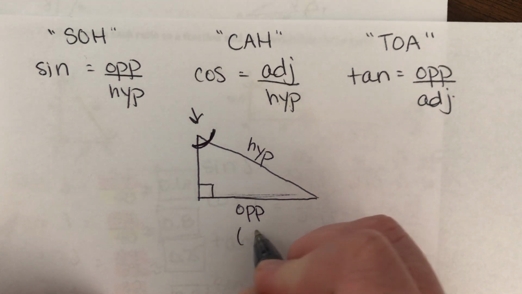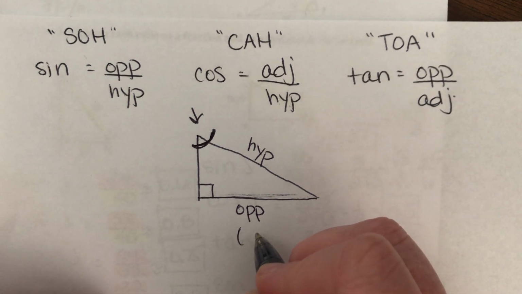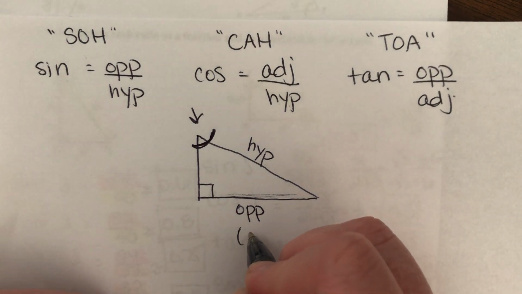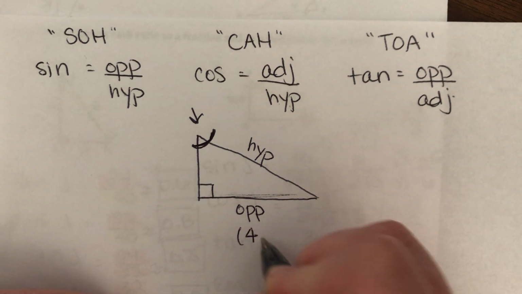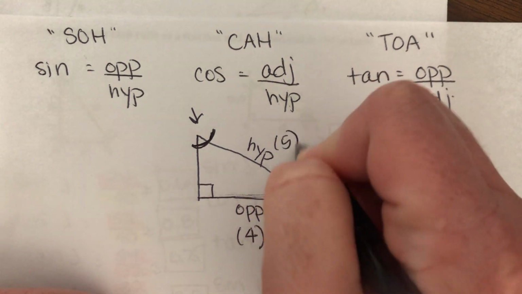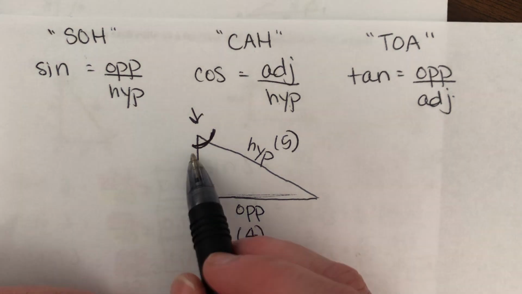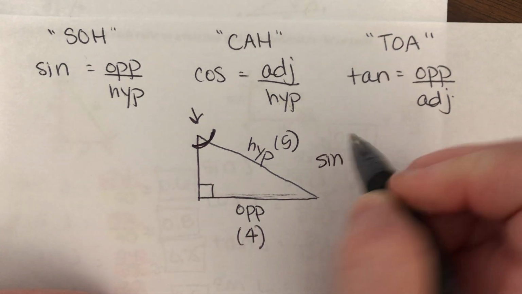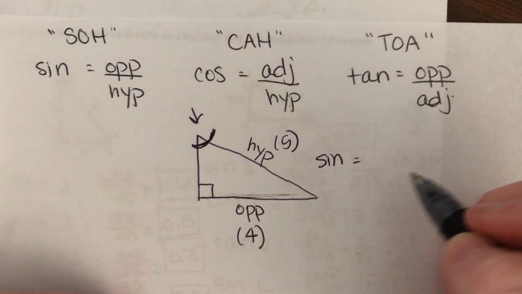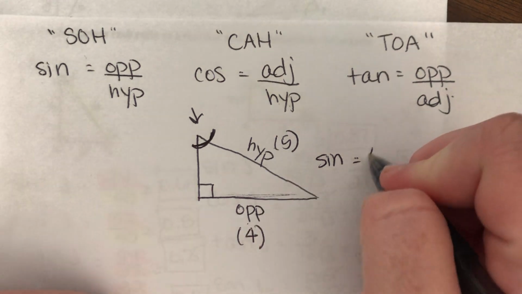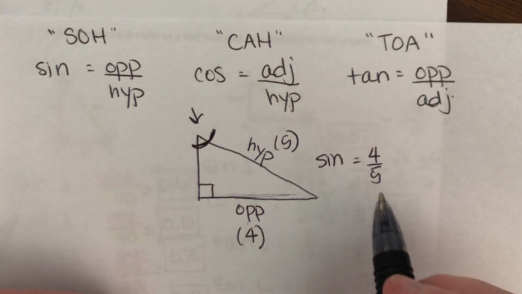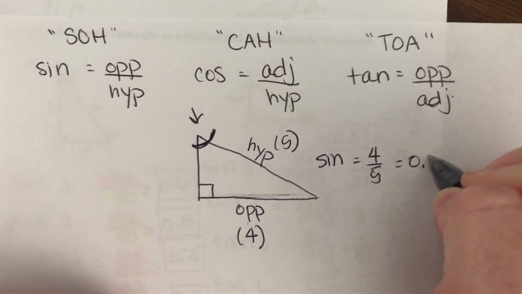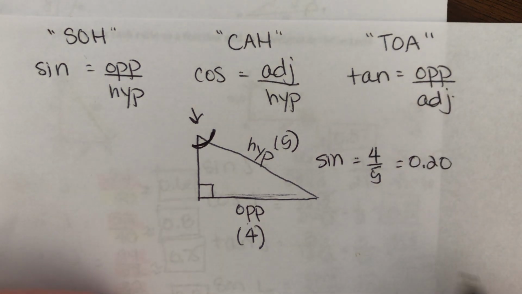So if this was, let's say, 3, 4, 5, if this was 4 and this was 5, then I would do sine of whatever this angle is equals opposite over hypotenuse, 4 over 5. And then I change 4 over 5 to a decimal, and then I do one more step with it, which you're going to learn in the next video.